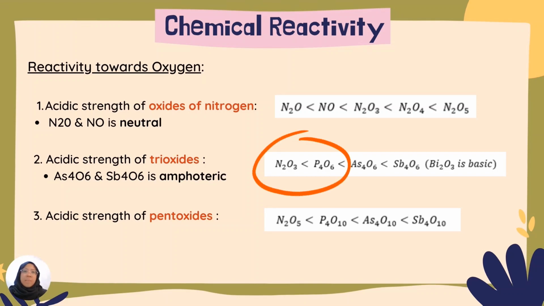So that's why P4O6 is higher than N2O3. When acidic strength decreases, the basic strength will increase for the trioxides. Thus, Bi2O3 becomes basic in nature. The third one is acidic strength of pentoxides. It is just the same as the trioxides.